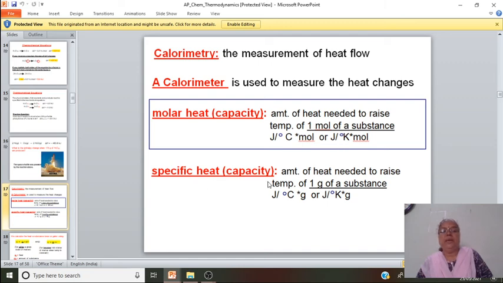And specific heat capacity is the amount of heat needed to raise the temperature of 1 gram of substance, expressed in joules per degree centigrade per gram or joules per Kelvin per gram.